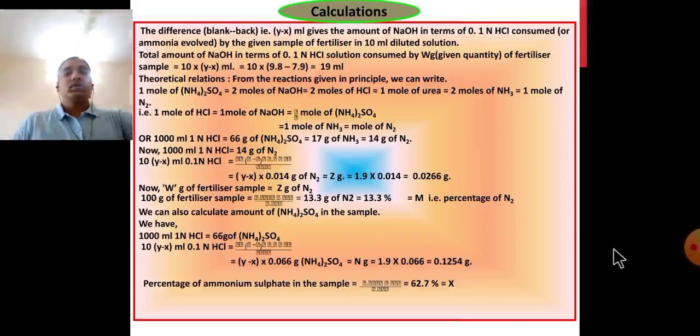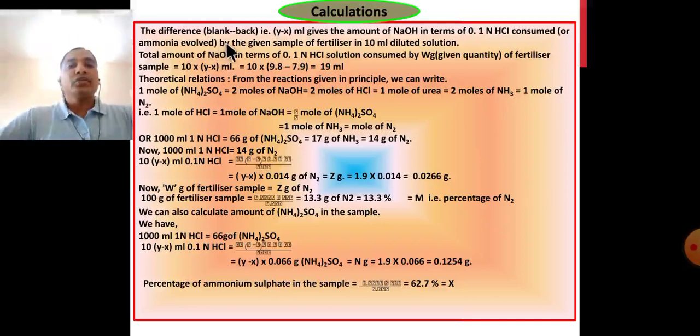Calculation of this experiment: the difference between blank and back, that is Y minus X ml of NaOH, the amount of NaOH in terms of 0.1 normal HCl consumed or ammonia evolved by the given sample of fertilizer in 10 ml diluted solution.